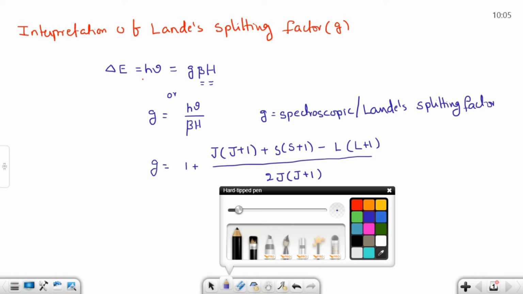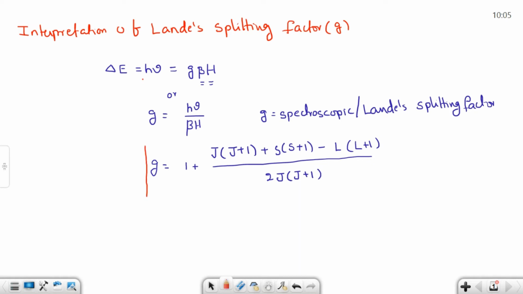So by using this mathematical expression, we can calculate the g value for any molecule.